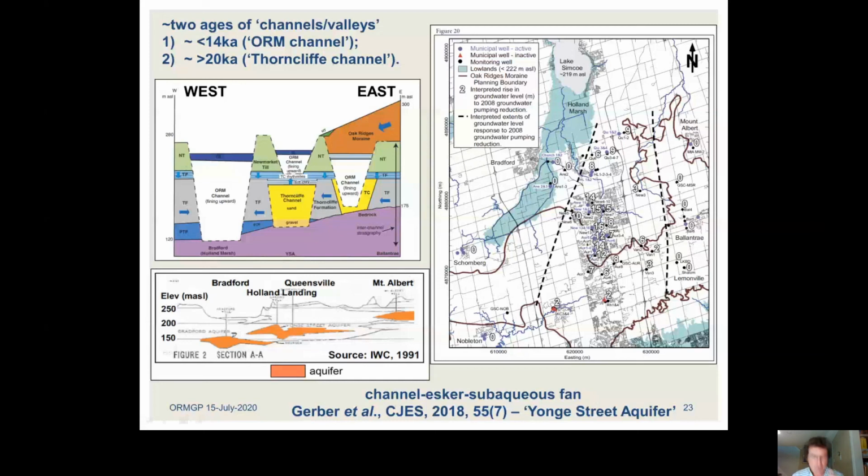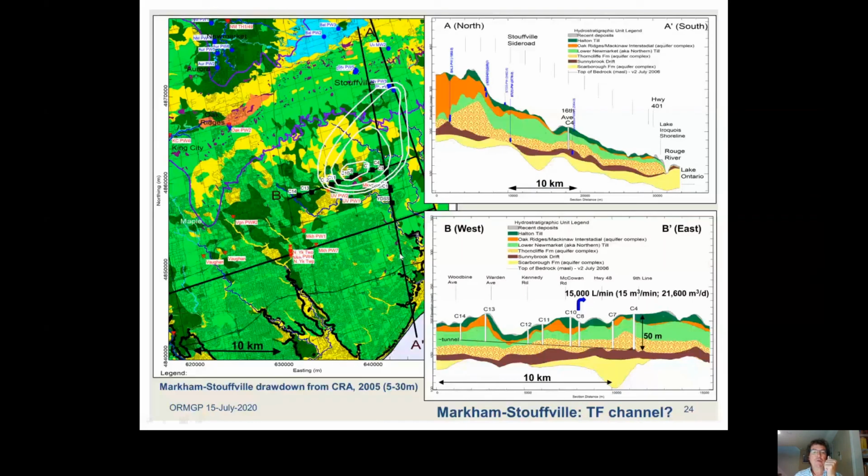So we thought perhaps we have two different ages or multiple ages of channelization going on, finding upward sequences from gravel to sand to silt and clay rhythmites. So we've recently introduced the refinement into our conceptual model where we need to deal with Thorncliffe age channels. The younger ones we're calling Oak Ridges Moraine age channels. So again, the hydraulics here are telling us that we may need to adapt, or we do need to adapt.